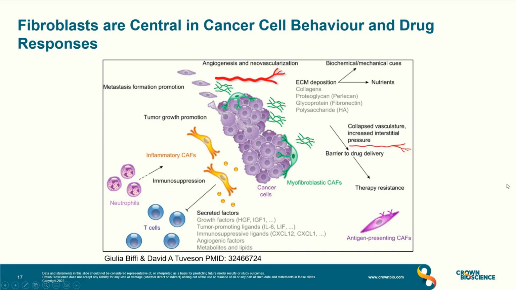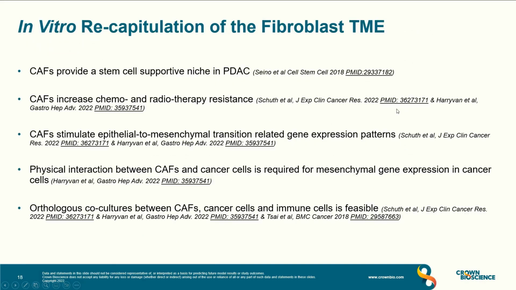So it is important to be able to model these type of cells as well. And there has been quite some effort in that domain in academic settings. So we already know that fibroblasts can provide a stem cell supportive niche, especially in pancreatic cancer.